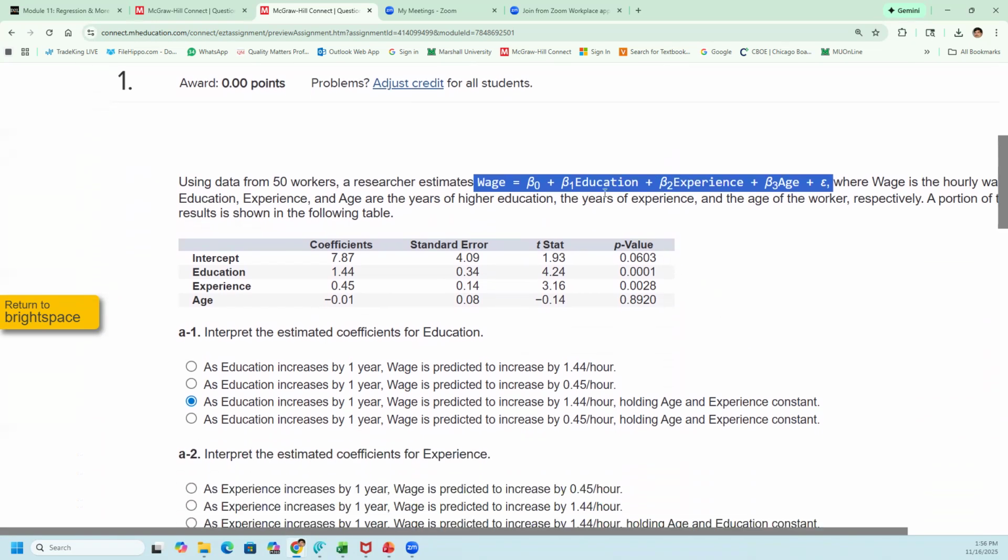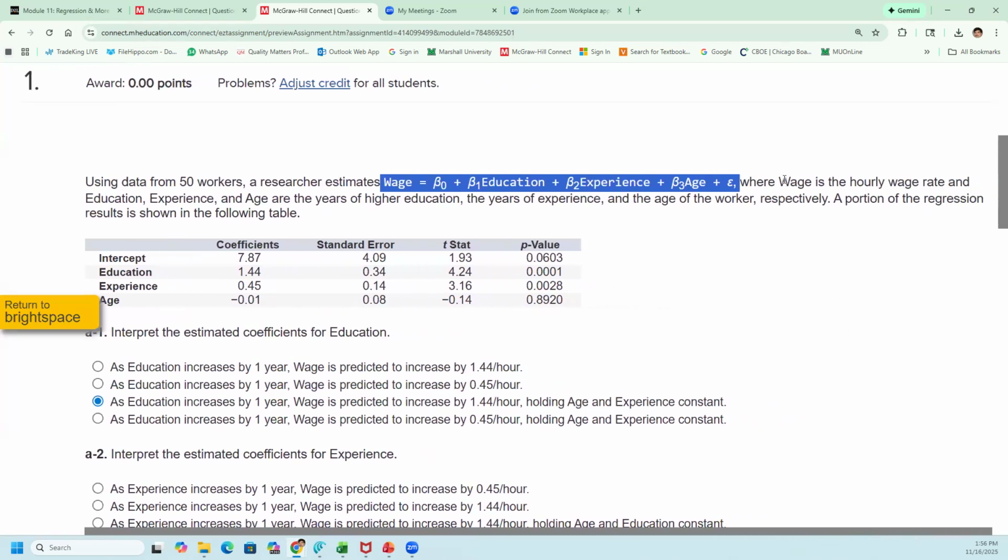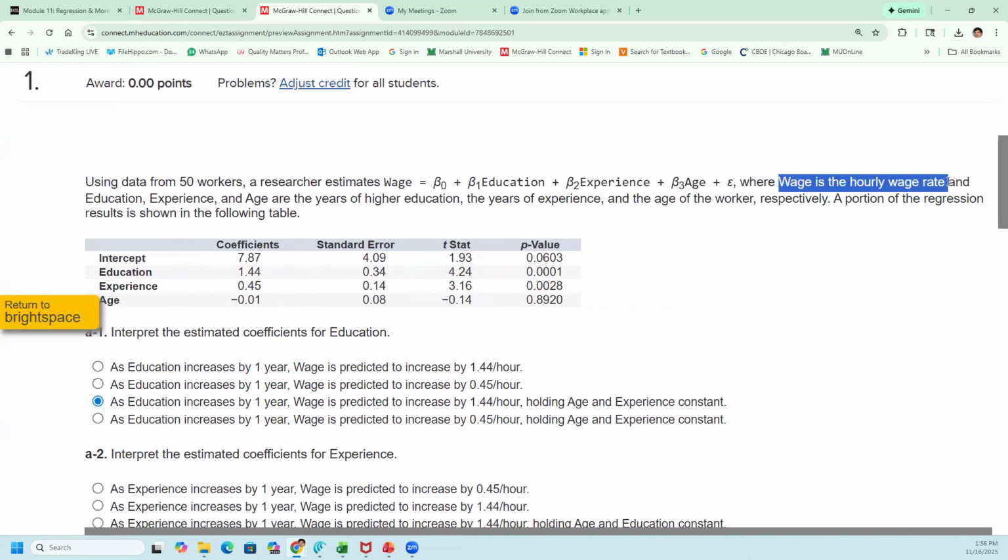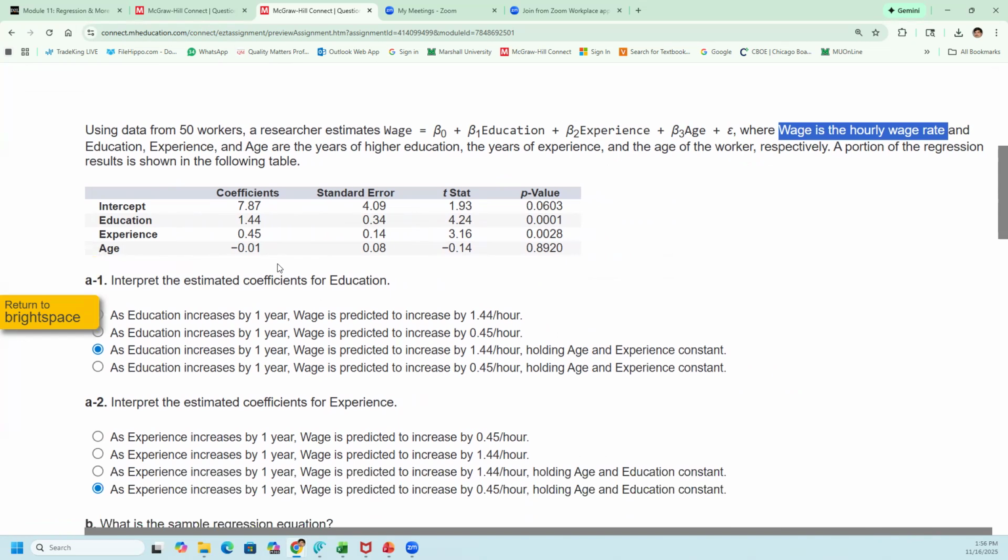Now you've got a multiple regression because you've got more than one variable that is explaining the changes in the wage. And this wage is an hourly wage rate. So we are saying that the hourly wage rate is dependent upon education, experience, age. When you run it, these are the coefficients that you are getting: intercept 7.87, 1.44 for education, 0.45 for experience, and for the age minus 0.01. That basically means with the increase in age, the hourly wage rate might go down.